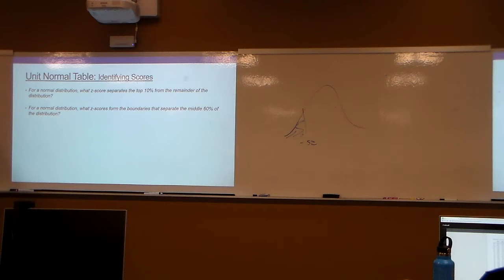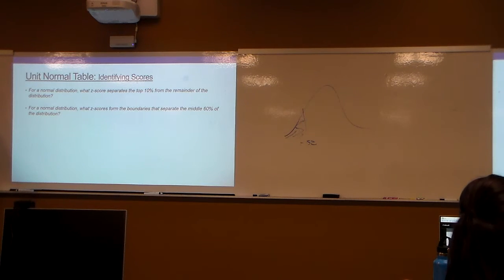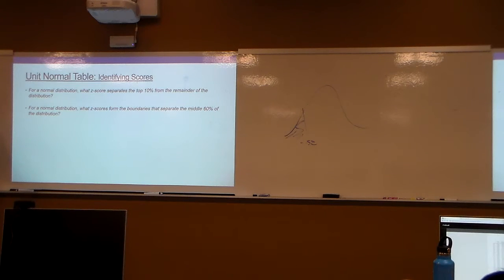Okay, so we want to get the middle 60% of the distribution. How might we use our table to identify that? So 0.23 and 0.24, so plus or minus 0.24, that's going to be too much, right?